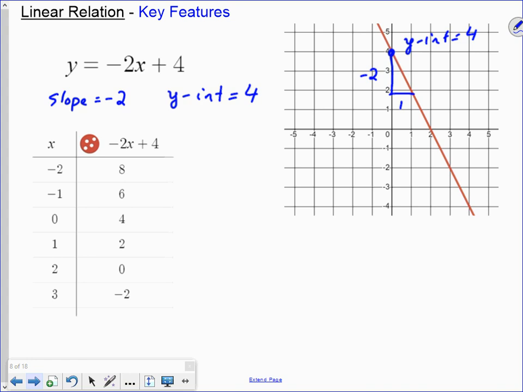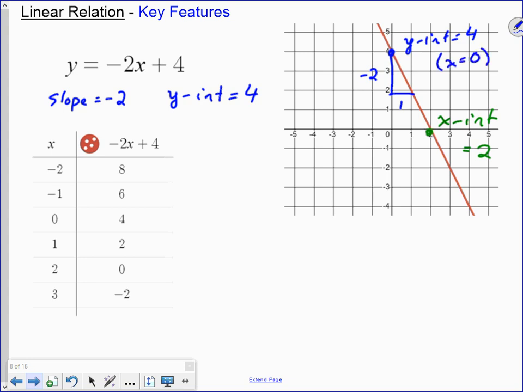And if we zoom in here, another feature of our graph is that we also have an x-intercept over here. Our x-intercept is equal to 2. These also show up in our table, right? From our table, we know that our y-intercept occurs where x is equal to 0.